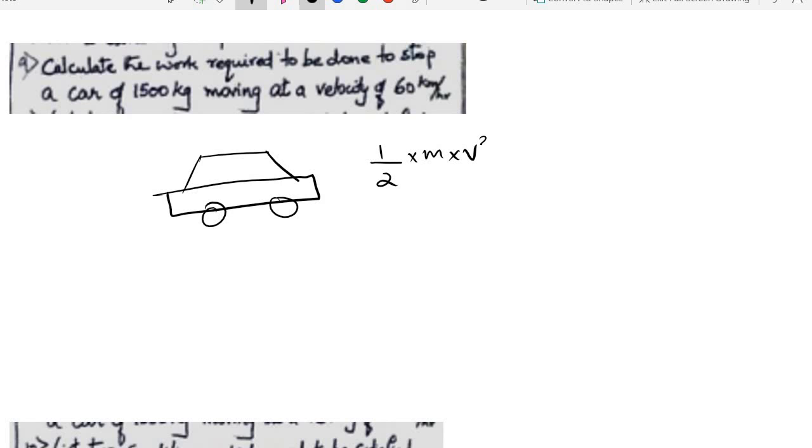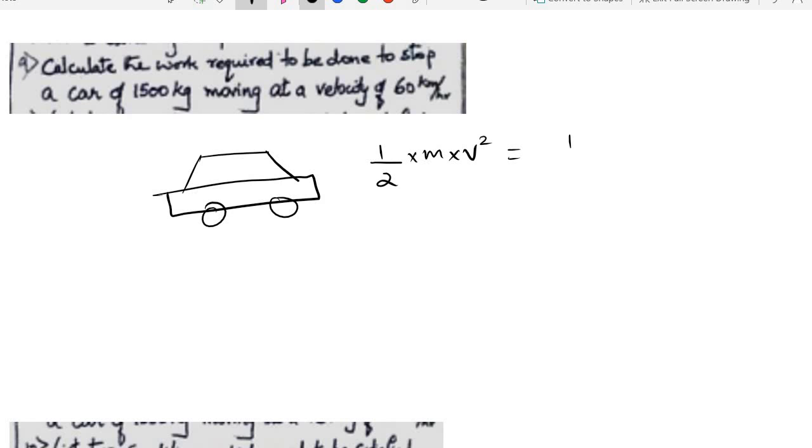Calculate the work required to stop a car of 1500 kg, which is moving at a velocity of 60 km per hour. The kinetic energy of this body is half into m into v squared.